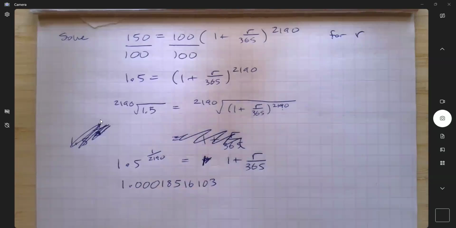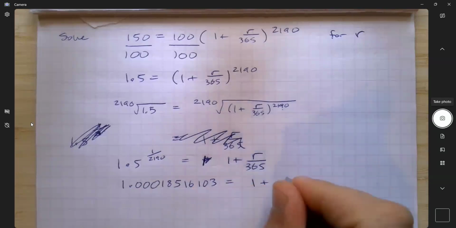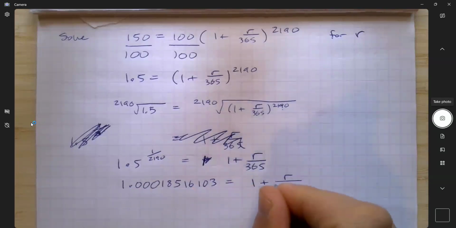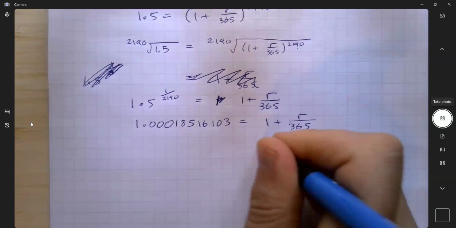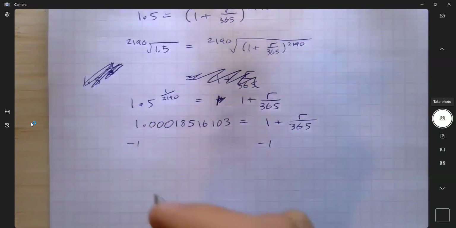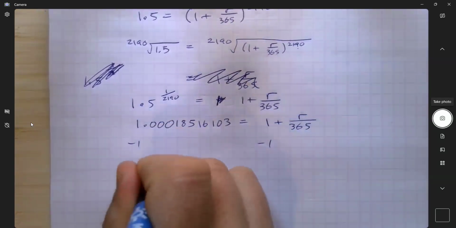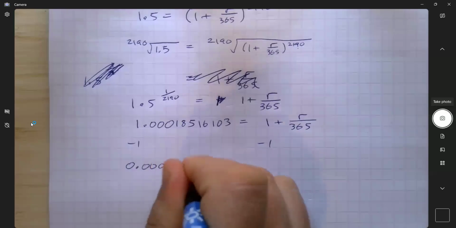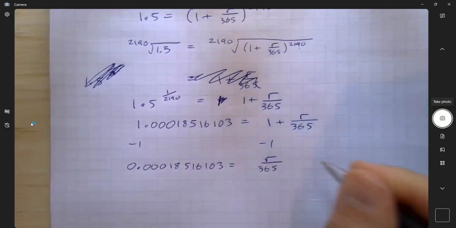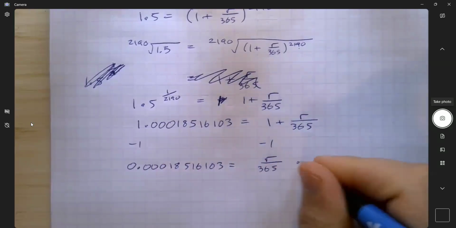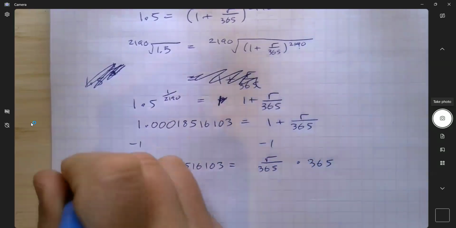So that's that 1.5 to the 1 over 2190, which equals 1 plus r over 365. And I continue solving for r. Let's subtract 1 from both sides. So I get 0.00018516103 equals r over 365. And then I multiply both sides by 365.